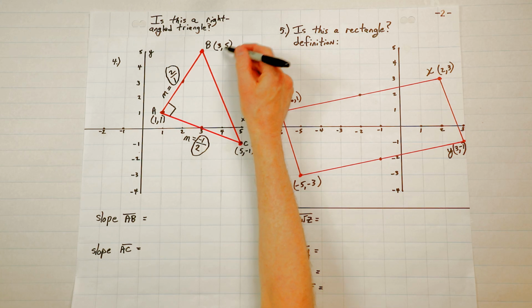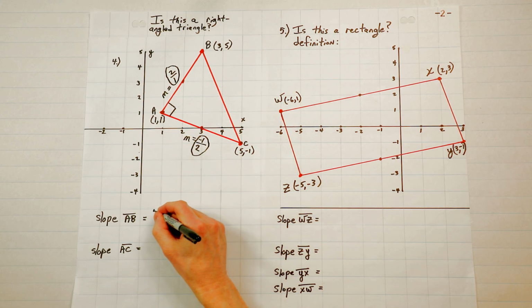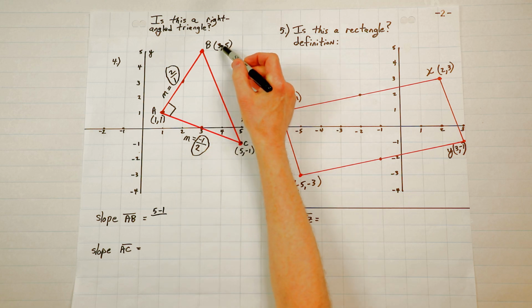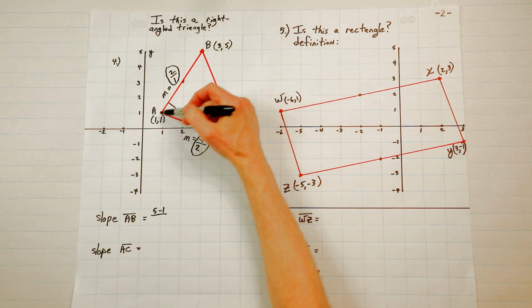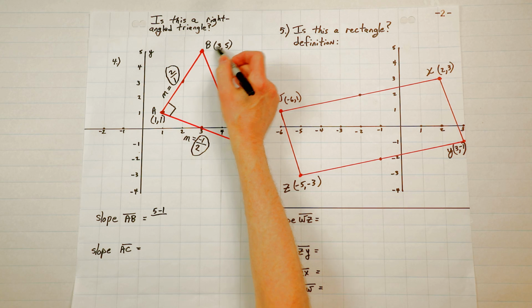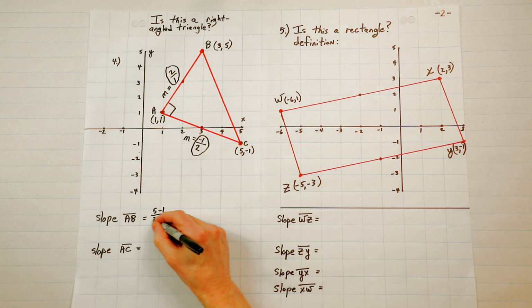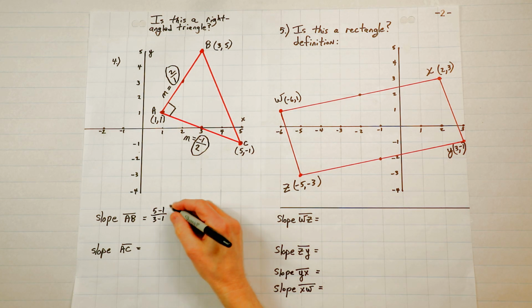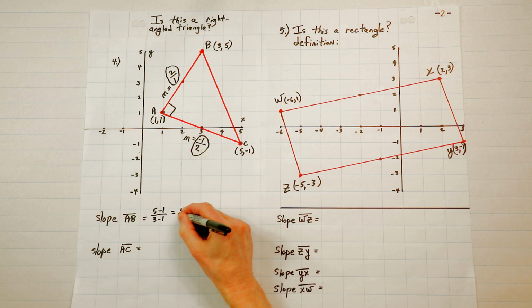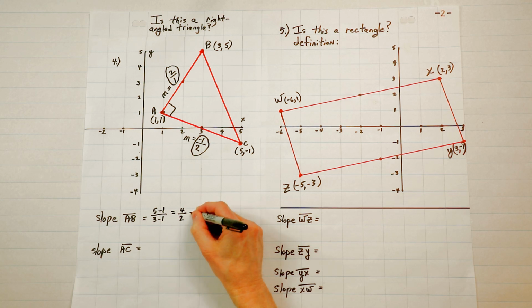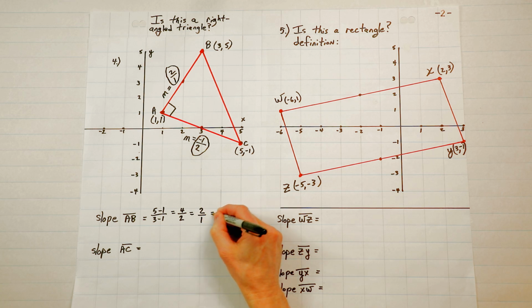So y2 take away y1 is going to be 5 take away 1. That's the numerator. And the denominator is 3 take away 1, x2 take away x1. That gives me 4 over 2, which is equal to 2 over 1, or 2.